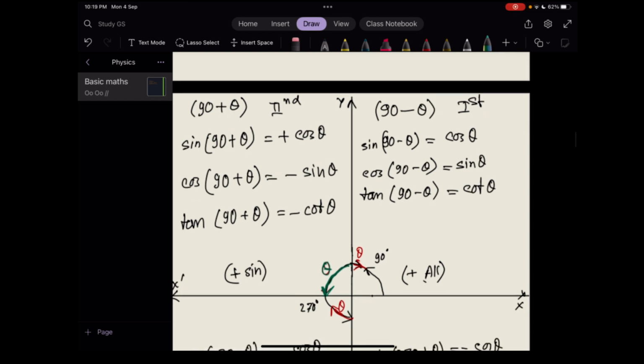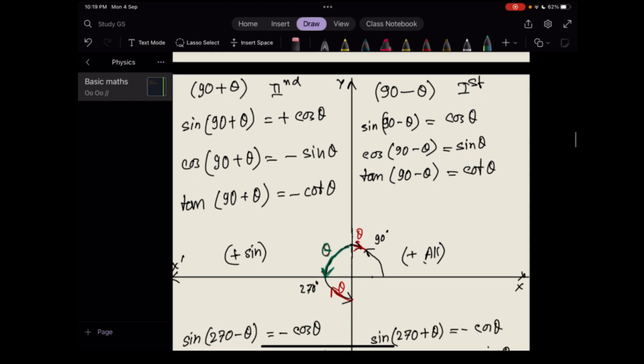Now what is happening here? See, if the angle is 90 minus theta, sine of 90 minus theta is cos theta, cos of 90 minus theta is sine theta, tan of 90 minus theta is cot theta. So in this quadrant the angle is 90 minus theta.